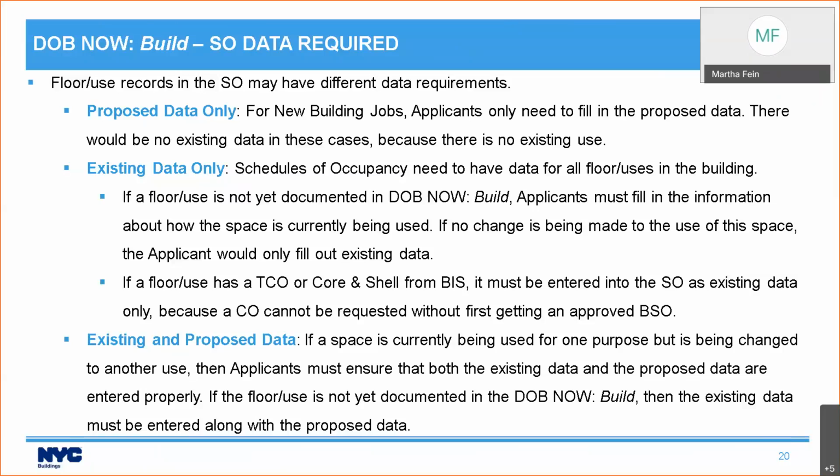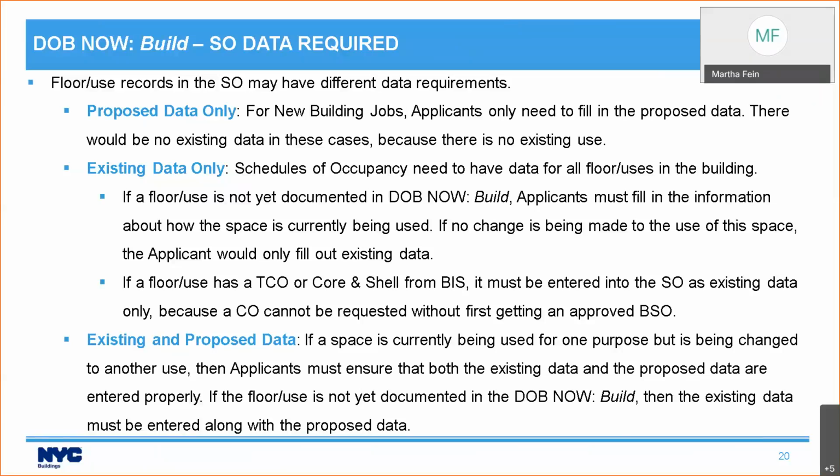Because there is already a TCO, that means that work is done on those floor uses. So you would enter those floor uses where there is already a TCO as existing data only, because that is what it is currently being used for.